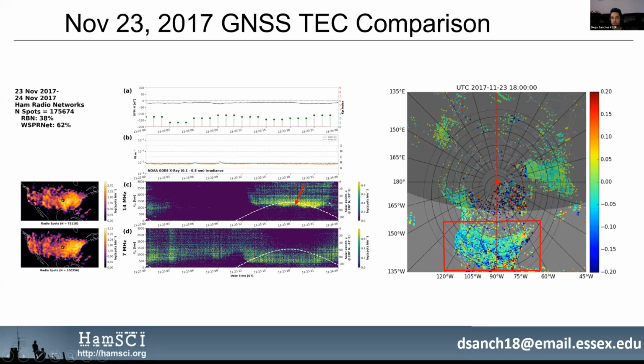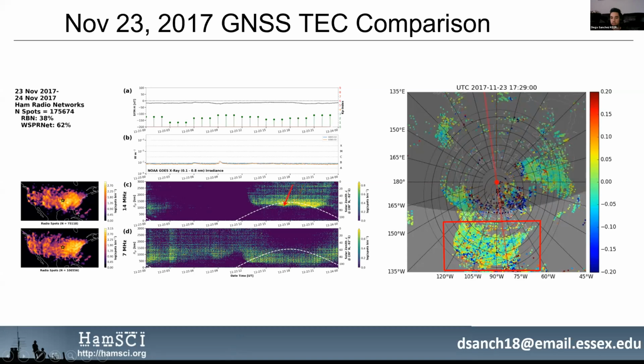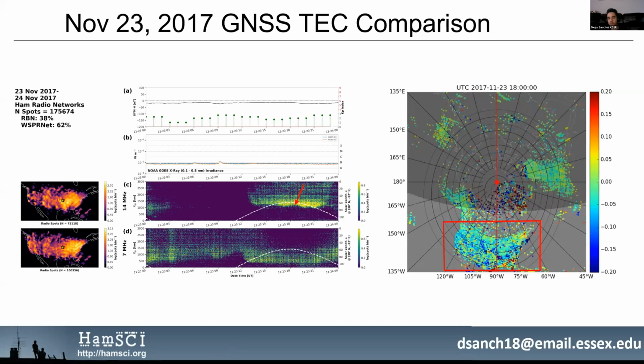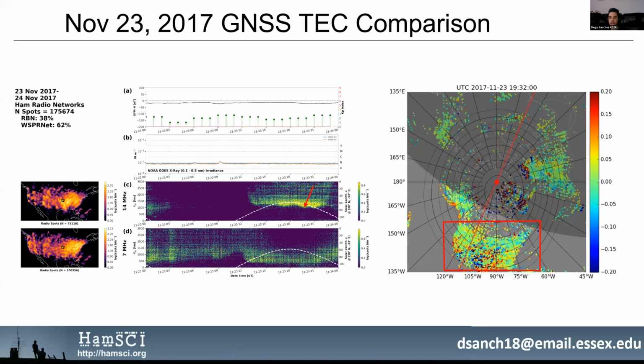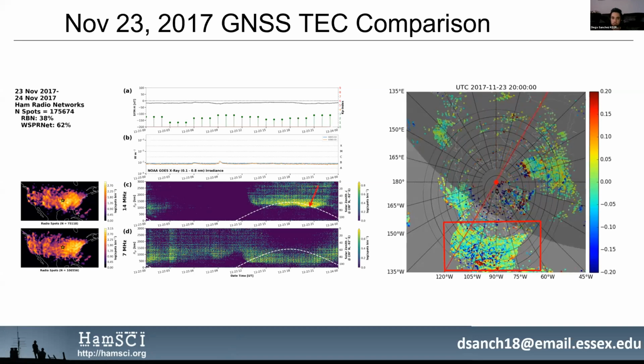Therefore, we presume that the total electron content of the ionosphere is decreasing, and we could see that in a change here down as the areas become more blue. So it goes more reddish blue, and then as we come up to another peak where the distances have decreased, it becomes red again in the TEC plot, indicating again an increase in total electron content, and then back to blue.